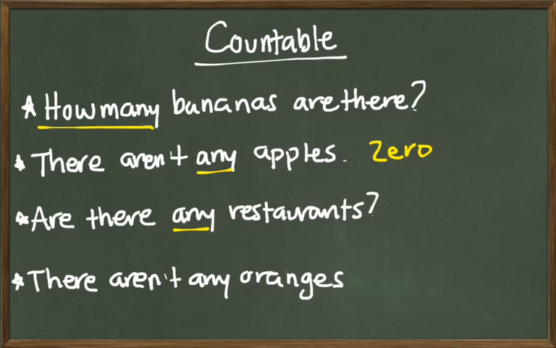In our fourth example, we have there aren't any oranges. And then we have our expression any. And again, in this case, we're expressing that the quantity of oranges is 0 again.